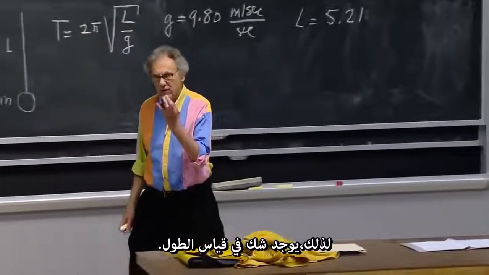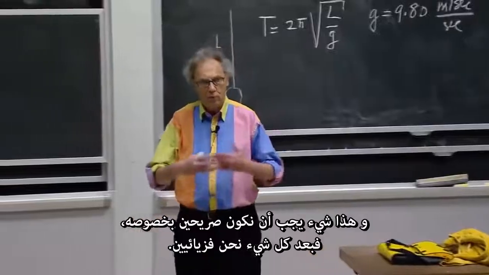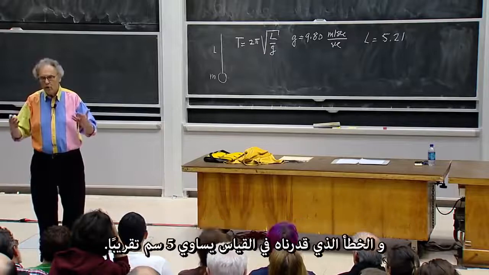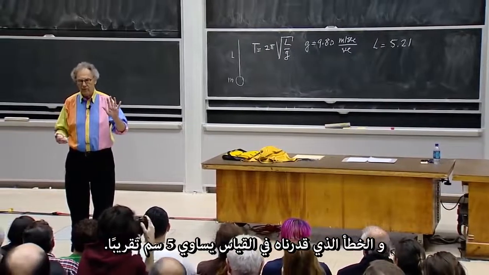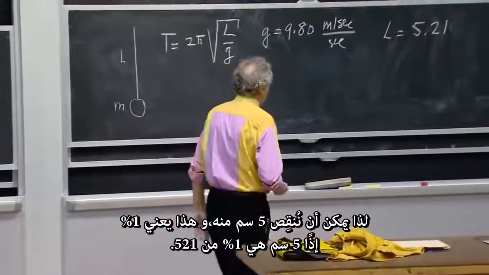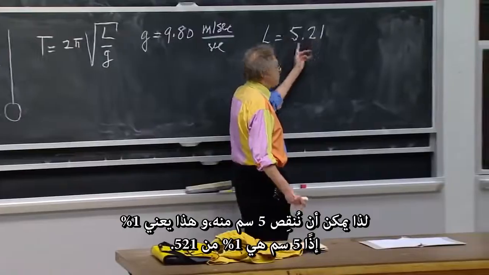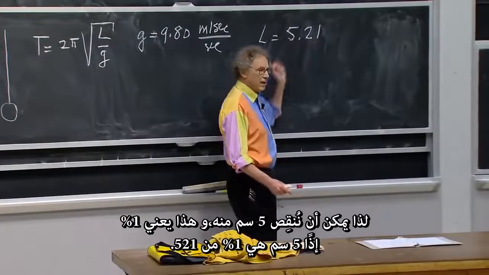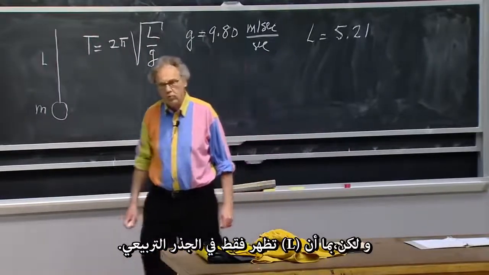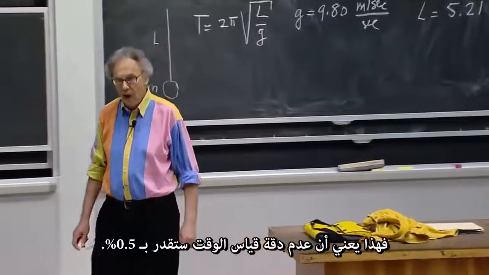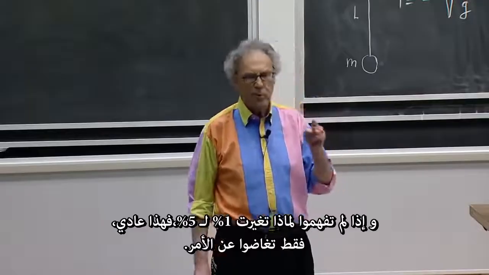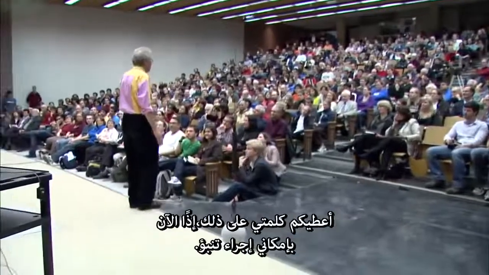So there is an uncertainty in the measurement of the length that we have to be honest about, because we are physicists after all. The uncertainty we estimate is about 5 centimeters. So we could be off by 5 centimeters. That is 1%, 5 centimeters out of 521. But since L only shows up as the square root, the uncertainty in the time that we predict is only 0.5%. If you don't see the reason why the 1% becomes 0.5%, that's okay, just take my word for it.